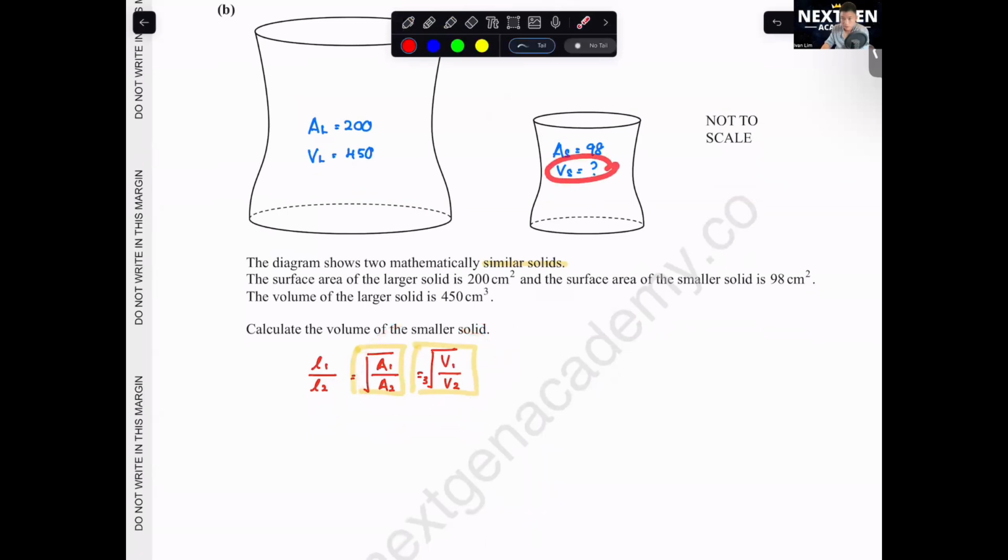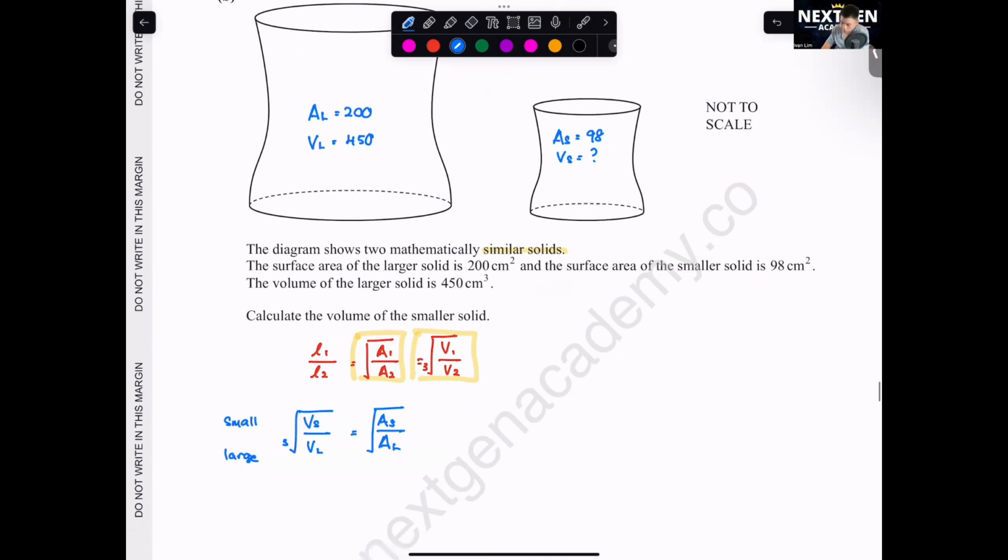The volume of this small one is the one that I want. So I'm going to arrange it like this. Small, large, volume small over volume large. Cube root this equals to area small over area large. Square root this.